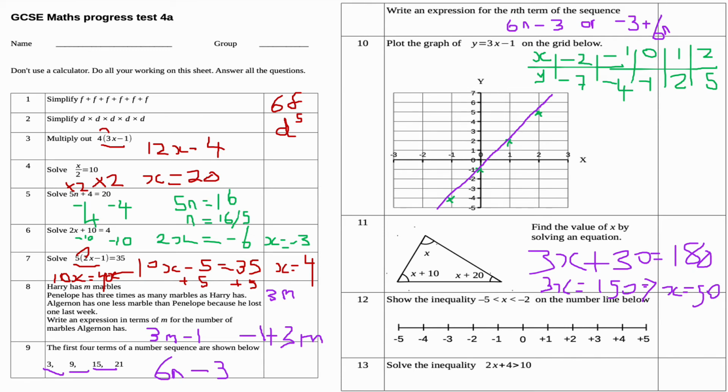So he's just asked us to work out the value of x. The 3x plus 30 has come from adding these together. So I've got x plus 10 plus x plus 20 has to equal 180.